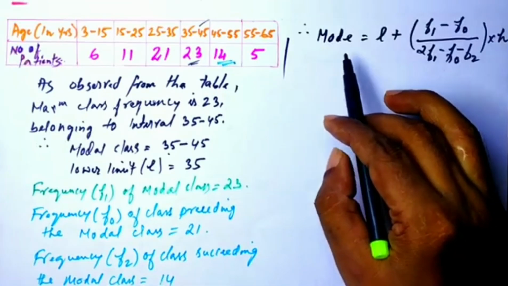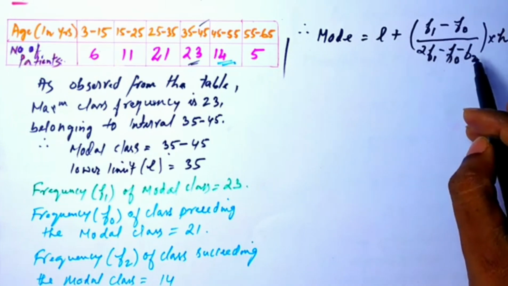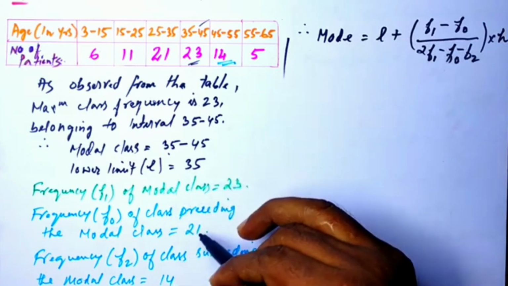So using the formula mode equals L plus (F1 minus F0) divided by (2F1 minus F0 minus F2) into H, we substitute the values and calculate it.